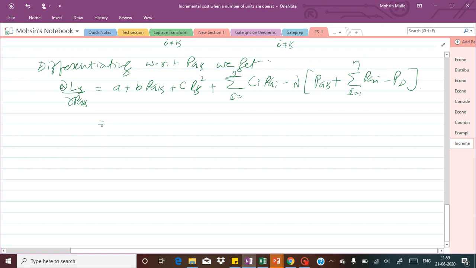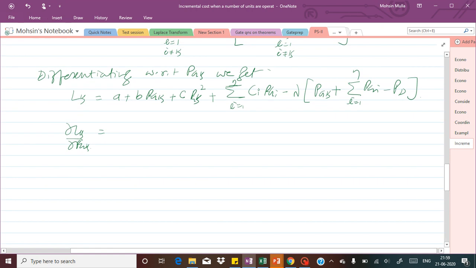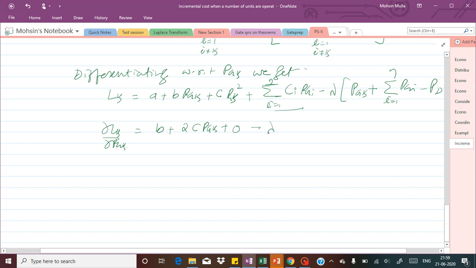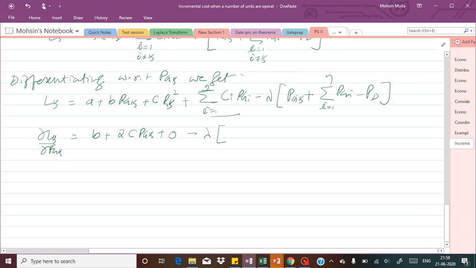Okay, now I'll just write this as Lk only. Let us write the differential term. This will be equal to b plus 2c Pgk, plus, here there is no kth term, so this term is going to be 0, minus lambda times the first term which is 1, plus here also there is no kth term, 0 minus 0.